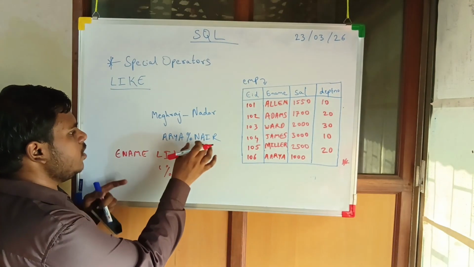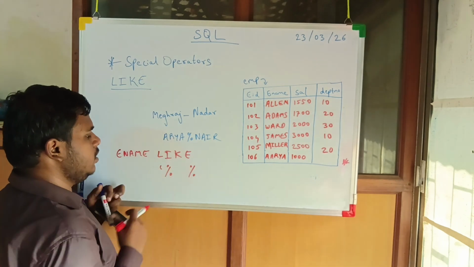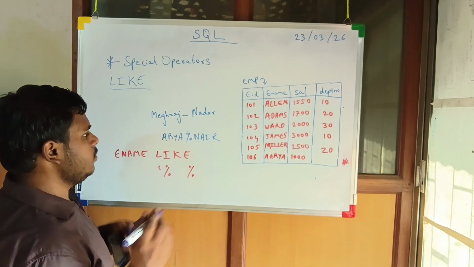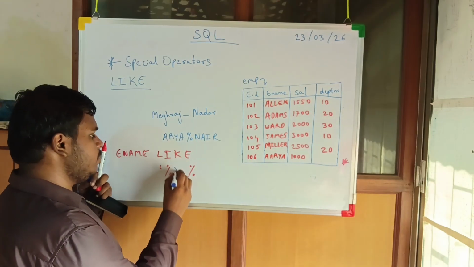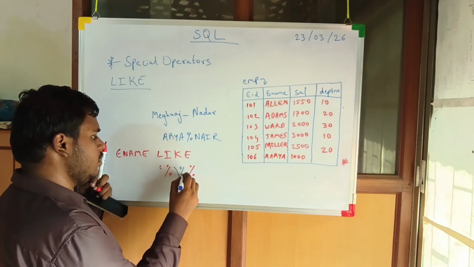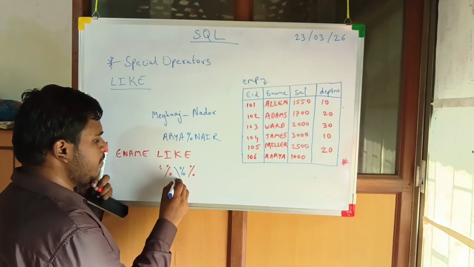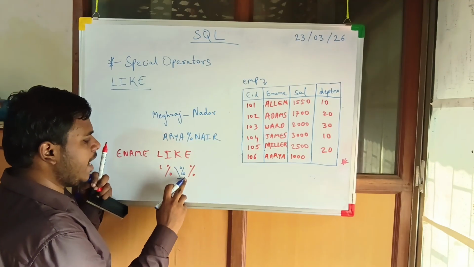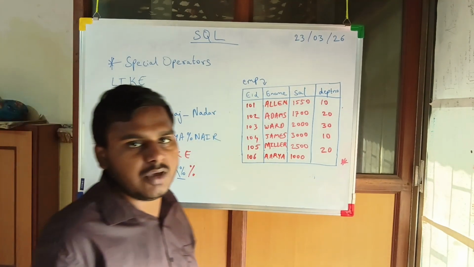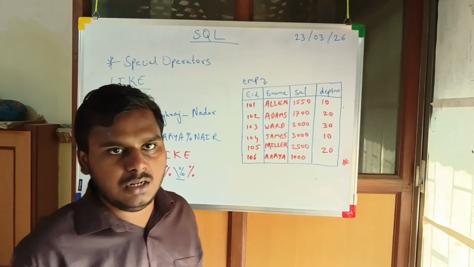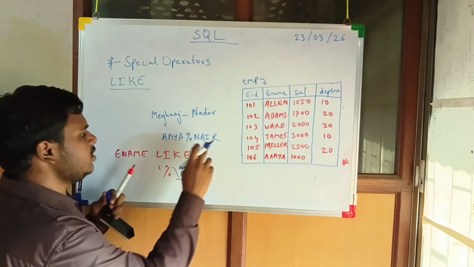Okay. So for accepting the percentage here, I want to accept this percentage. Okay. For this you will use backslash percentage. This backslash is especially in the between. After the backslash, the character which is there, don't treat as a special character function. It acts as a normal character which is there in the ename.